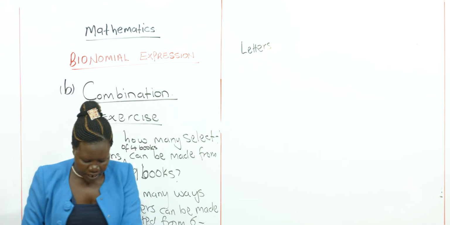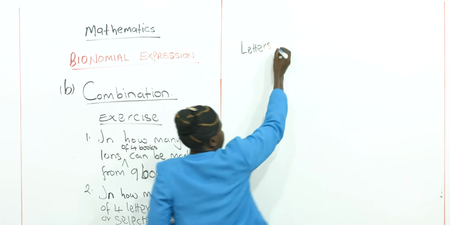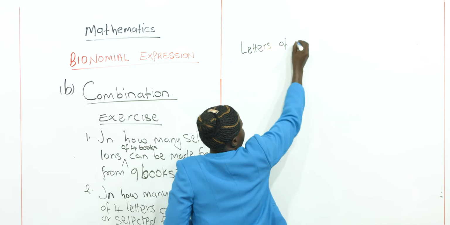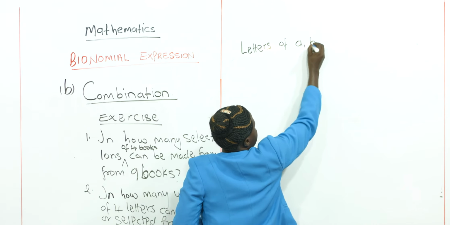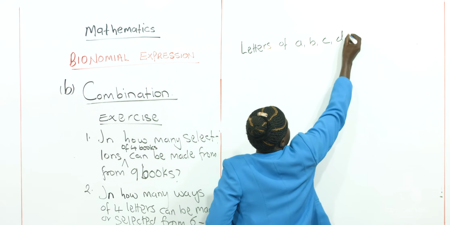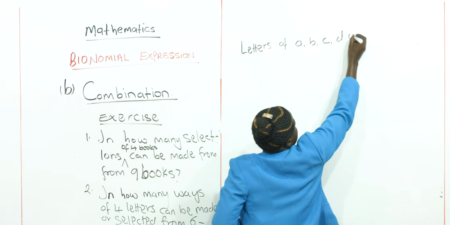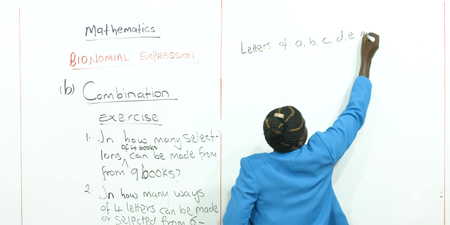From 6 letters, and the 6 letters are A, B, C, D, E, and F.